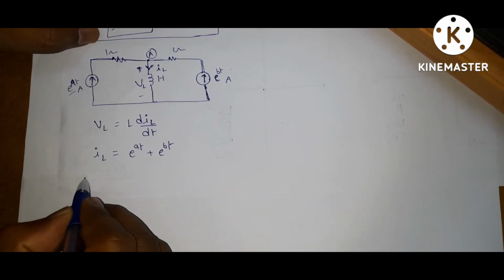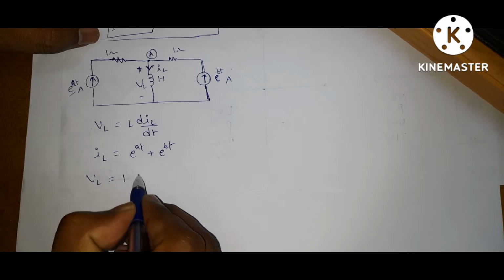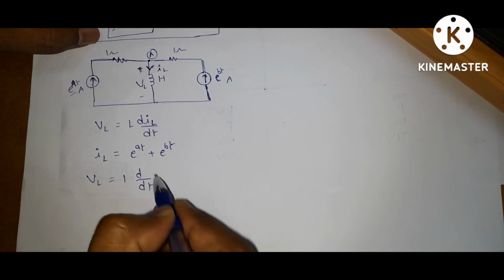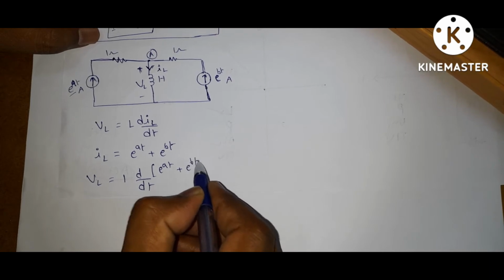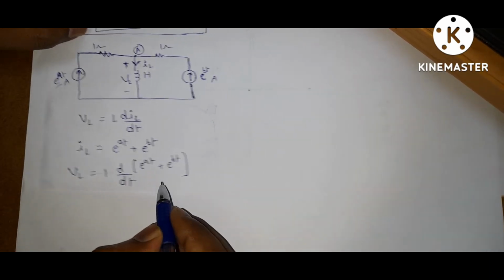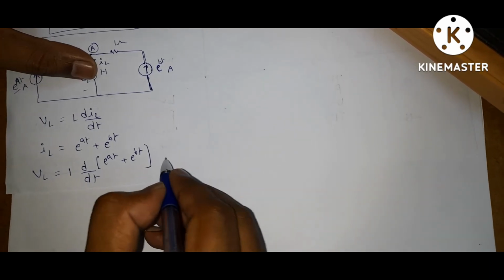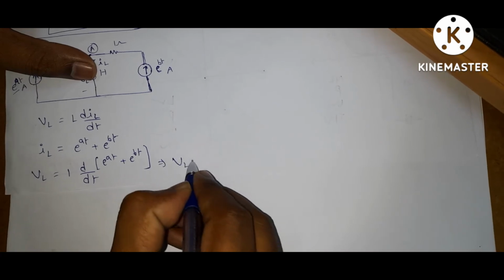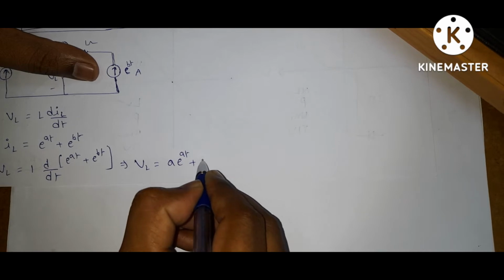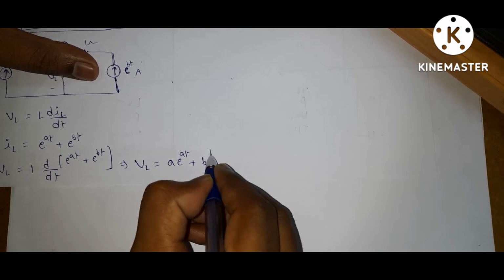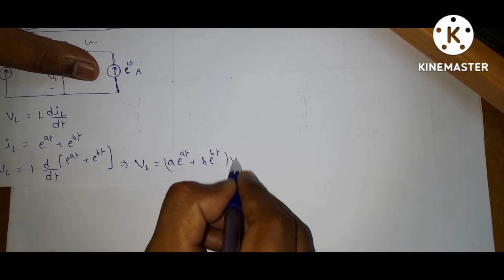From this expression, VL is equal to 1 into d by dt of e power AT plus e power bt. If you derive this, you will get VL is equal to A into e power AT plus B into e power BT volts.